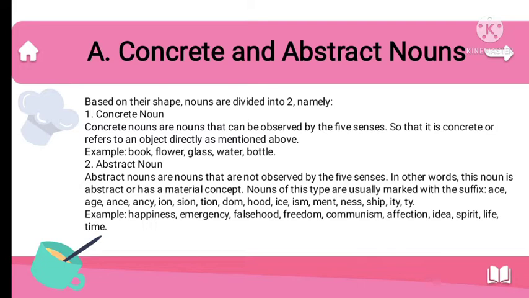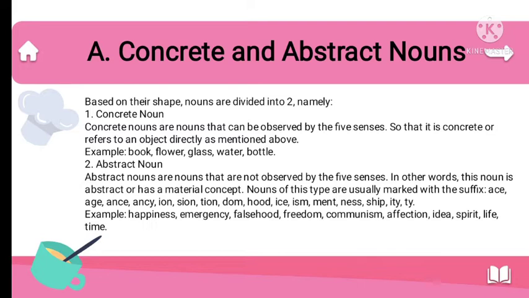And number 2 is abstract noun. Abstract nouns are nouns that are not observed by the five senses. In other words, this noun is abstract or has no material concept.